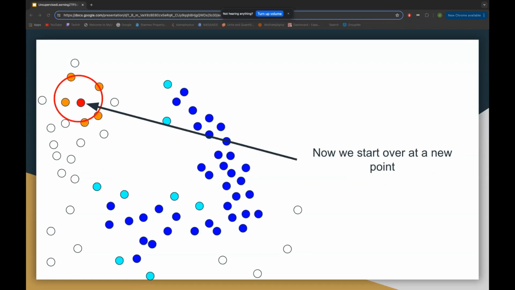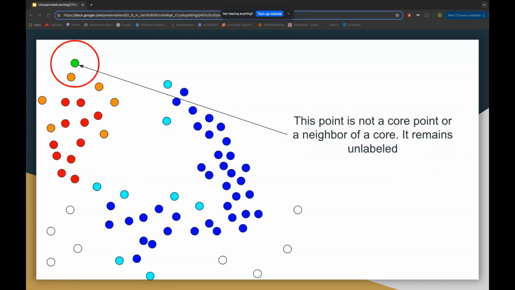Then we pick another point, and this has enough points within epsilon to be a core point, and so on. And I've labeled the points there. Then we have this green point here at the top where it doesn't have the minimum number of samples within epsilon, but also it's not a neighbor of one of these core points, which are the darker ones.